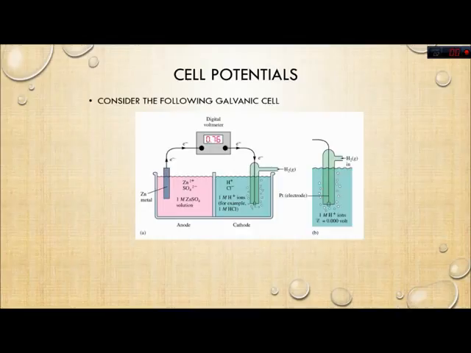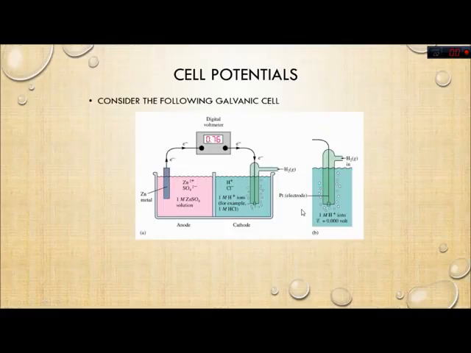Consider the following galvanic cell. You can see this is the anode part, this is the zinc part. In this case, oxidation occurs. Here is the cathode part. The digital voltmeter shows the potential difference between these two parts, and here we use a standard hydrogen electrode.